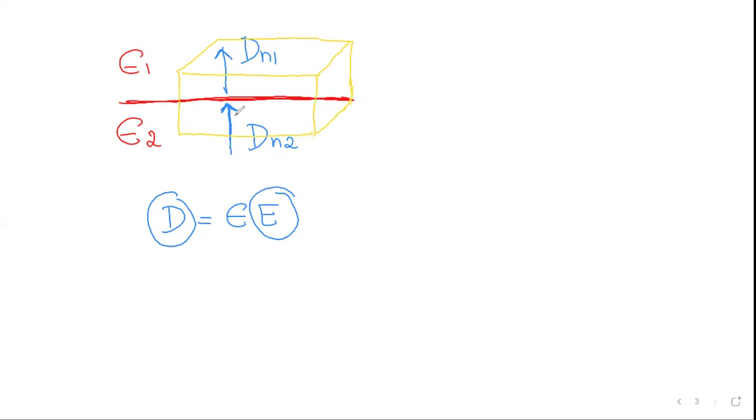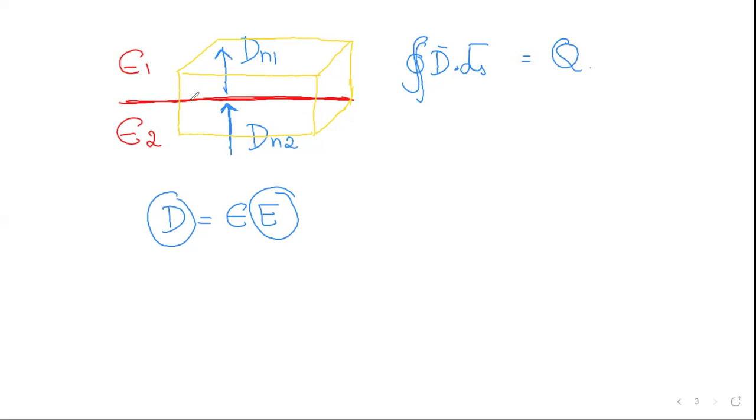Now this is a closed surface, and the normal component of the flux density crossing it, D dot dS, we know through Gauss law is going to be equal to the charge enclosed by the surface.